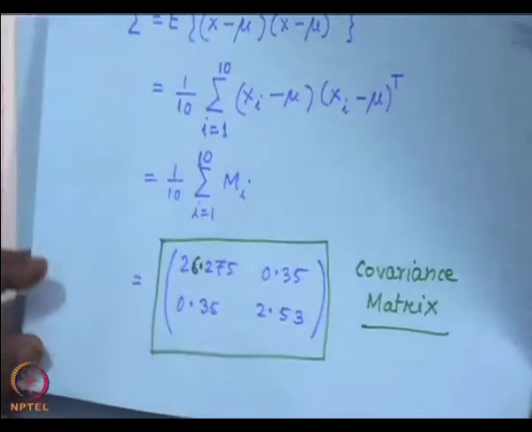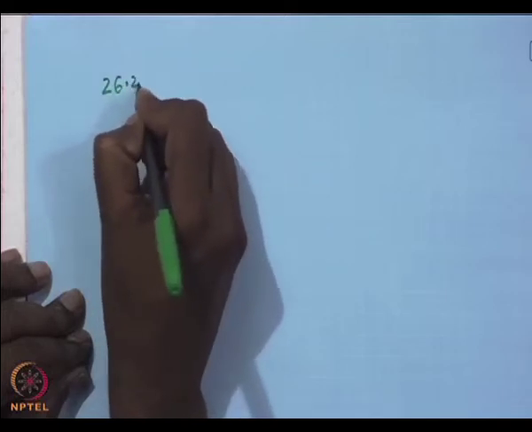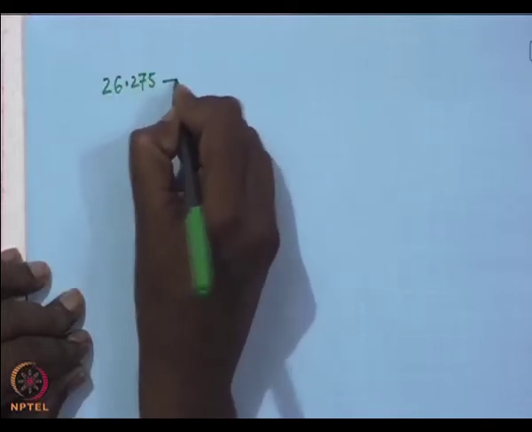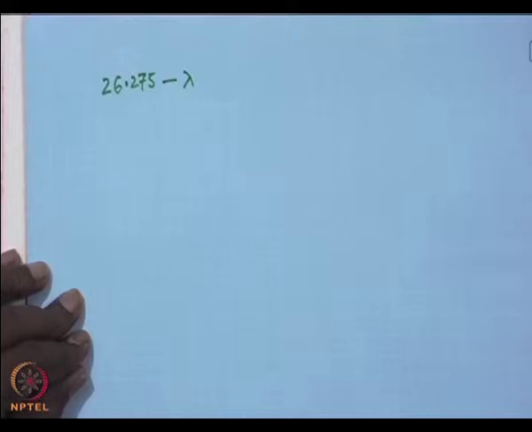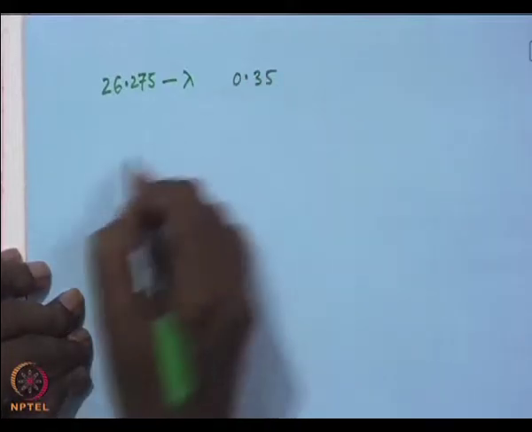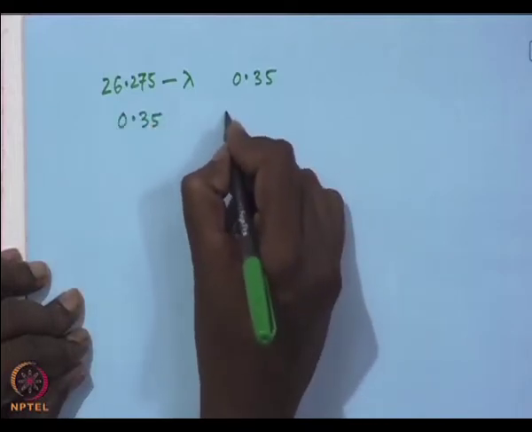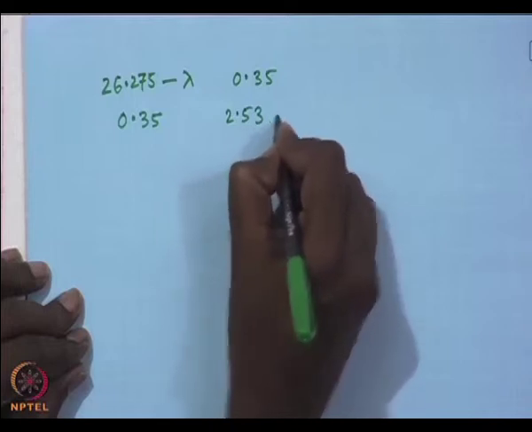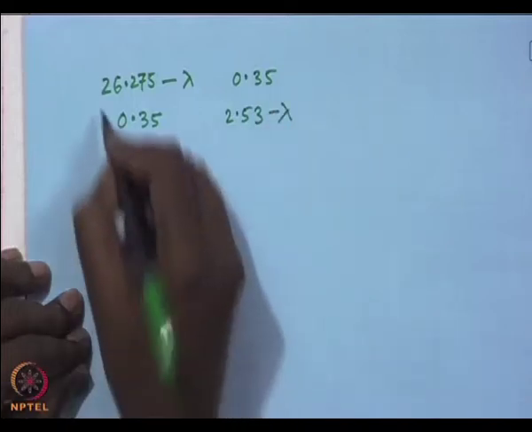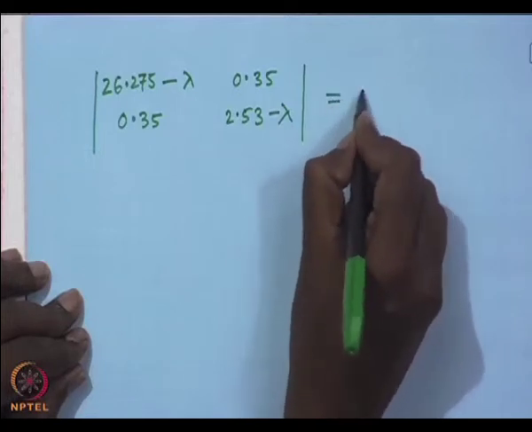Okay. So, the equation that I have to use is the determinant of the matrix with entries 26.275 minus lambda, where lambda is an eigenvalue, 0.35, 0.35 and then 2.53 minus lambda. Take this determinant and equate it to 0.